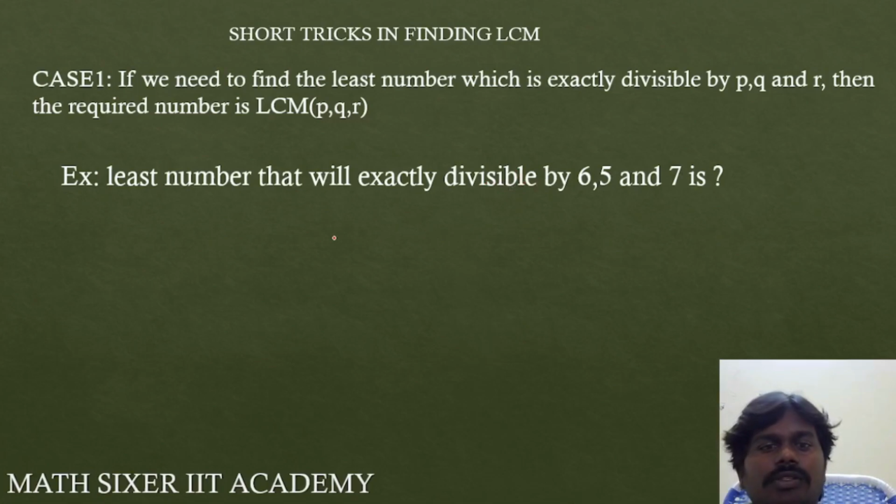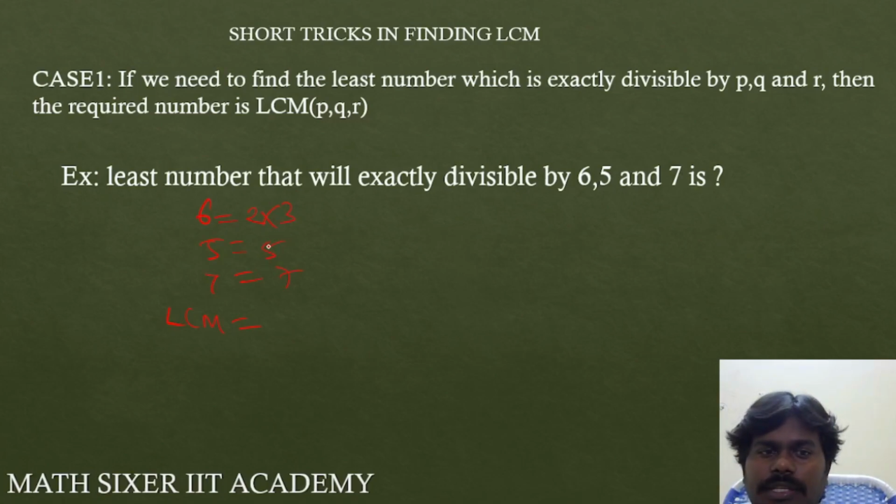So here, first find the prime factors of 6, which are 2 and 3, and of course 5 is a prime number and 7 is also a prime number. Okay. So here LCM is nothing but the product of the greatest power of each factor present in the given numbers.